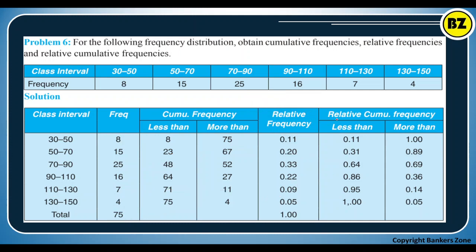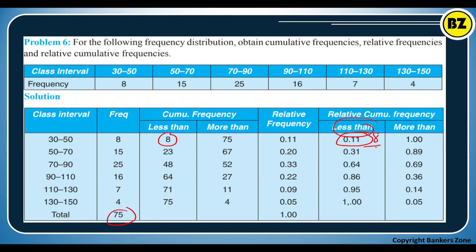Now we have to find relative cumulative frequency in the case of less than and more than. So we have calculated relative frequency. Now we will find the relative frequency of the cumulative frequency. Very easy. We already have the cumulative frequency, so simply divide the cumulative frequency by the total frequency. Now see here, what is the cumulative frequency for less than? It is 8. What is the total frequency? It is 75.